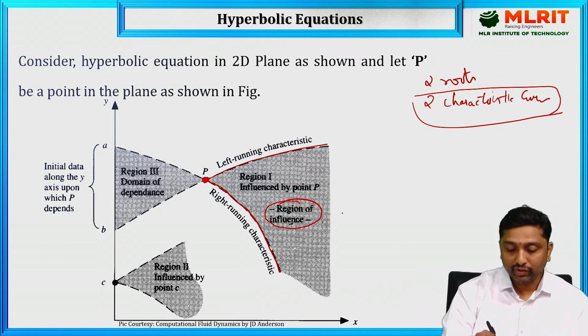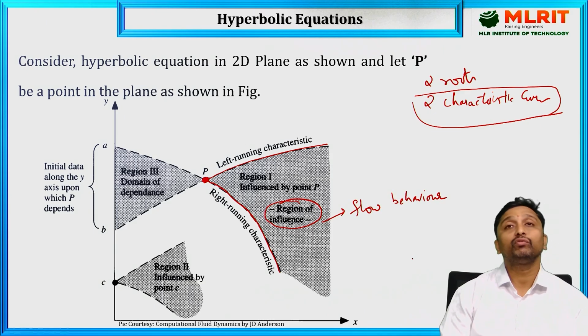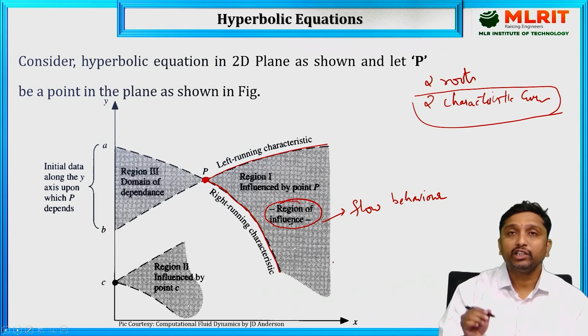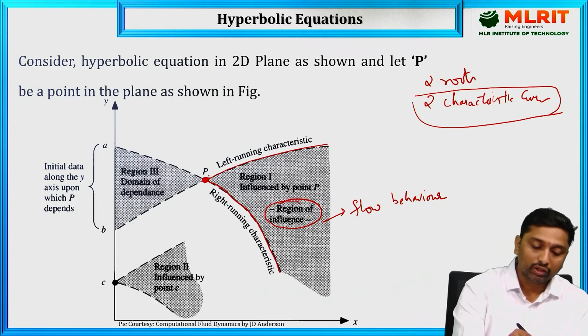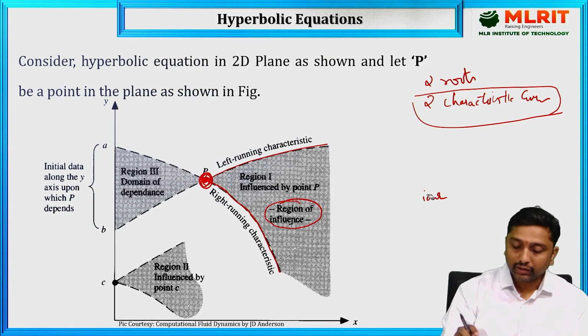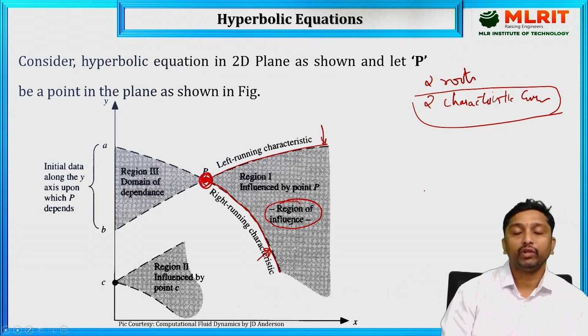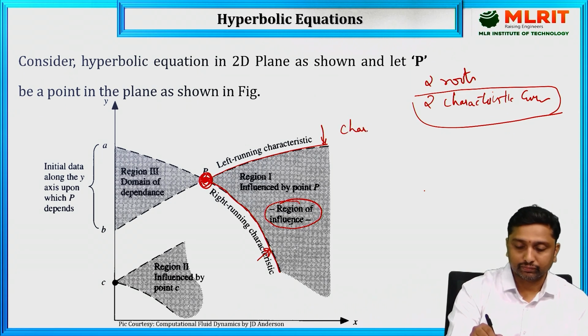The behavior of the flow in this region is purely dependent on the influence of this point P. And this region is limited by two curves. We call them characteristic curves.